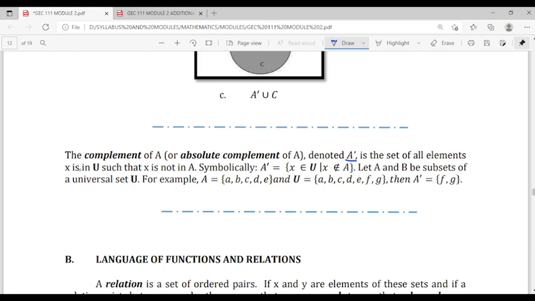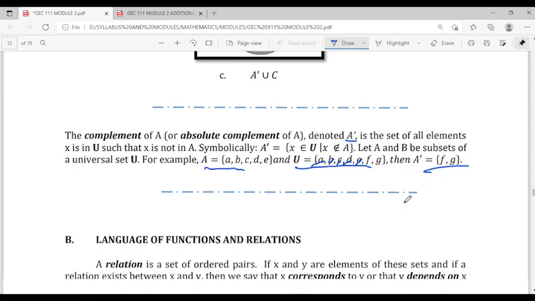All elements X in U such that X is not in A. Like for example, let A and B be subsets of universal set U. We have the set A and the universal set U. So A, B, C, D, E, we cancel it from the U, and the remaining elements are our A complement, F, G.